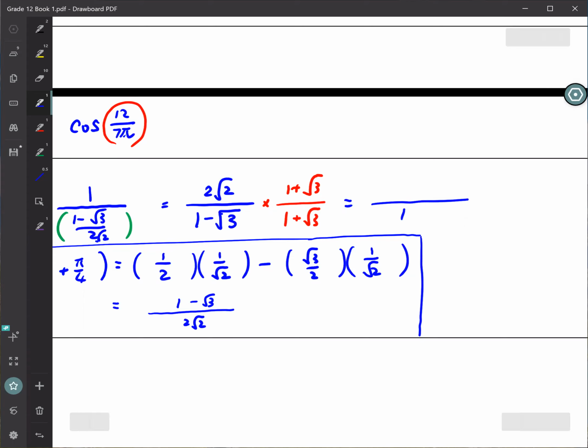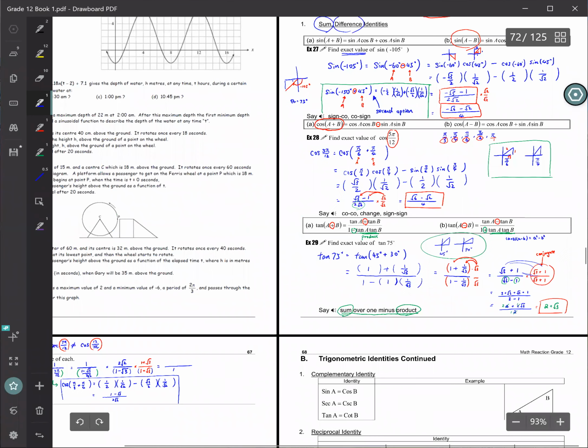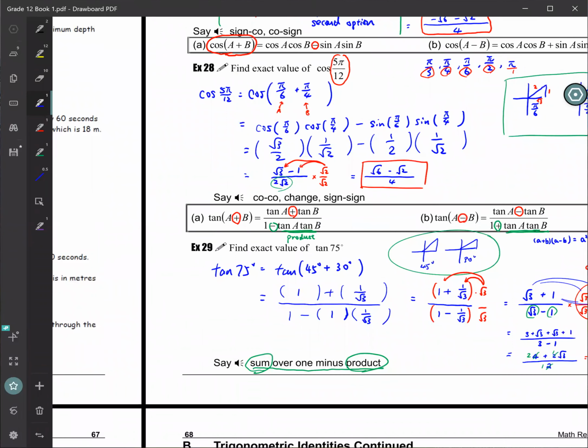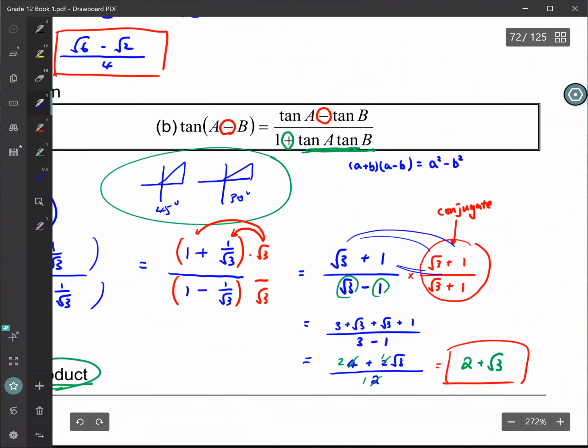Just 1? Yeah. Okay, the denominator I'm talking about is these two, right? The one in the blue brackets, 1 minus root 3 times 1 plus root 3. You need to use the difference of squares. Where do we put it? Here. Right? Remember a plus b times a minus b. You need to do a squared minus b squared.